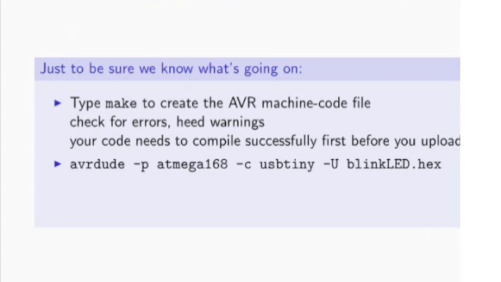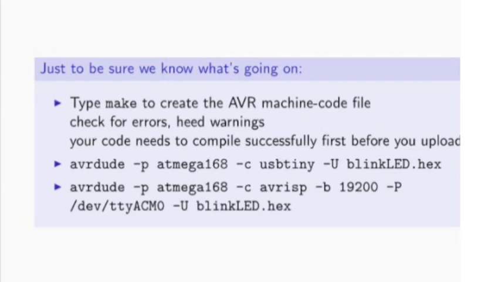Typing in AVR Dude lines like the following will let you test out the connection between your computer and the chip. So here I'm specifying which chip, which programmer, and then which file. In my case, it's a hex file called blinkled.hex. The line above is for USB Tiny. The line below is for Arduino, Arduino's AVR ISP interface, 19,200 baud over the serial port.